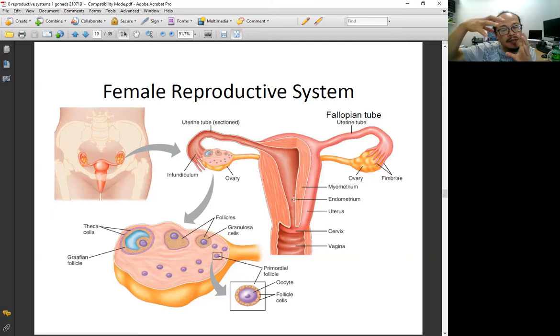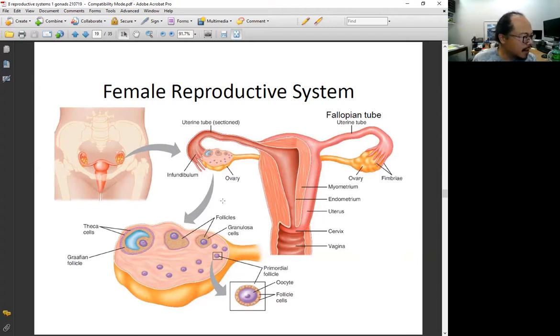That is also why, if there's no implantation, a lot of the vascularized layer will be shed and released regularly. So that's that. All right.